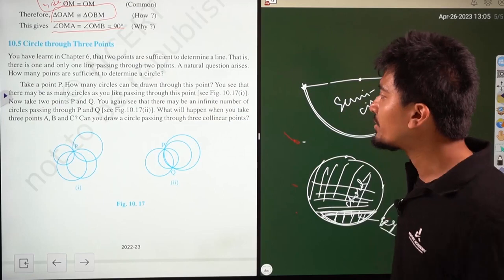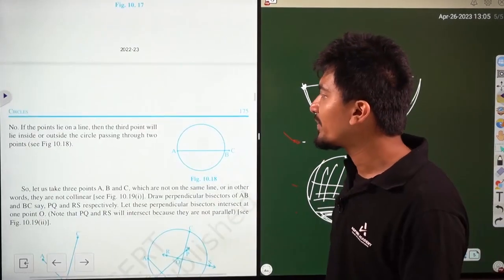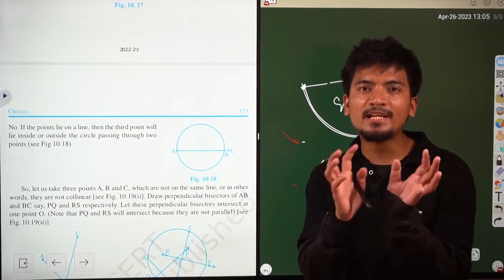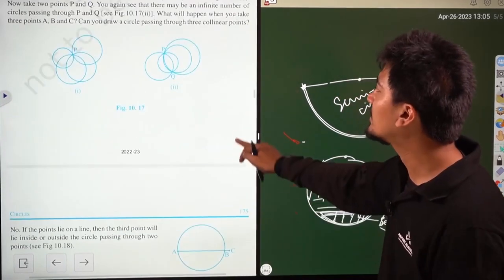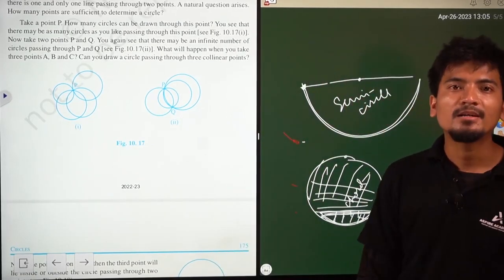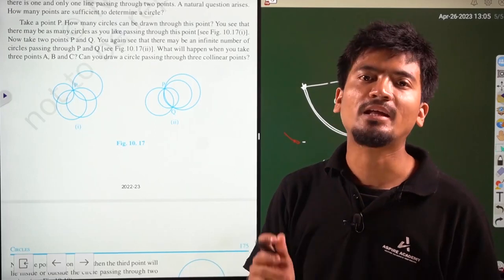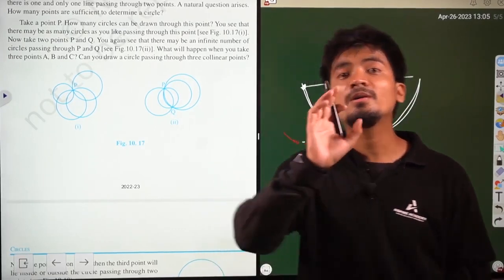Circle through 3 points. If we draw circles through any 3 points, it will definitely look somewhat like this, right? And if the 3 points lie on the same line, then we call them collinear.